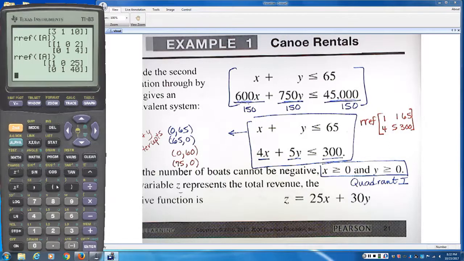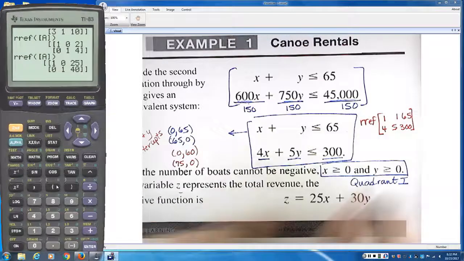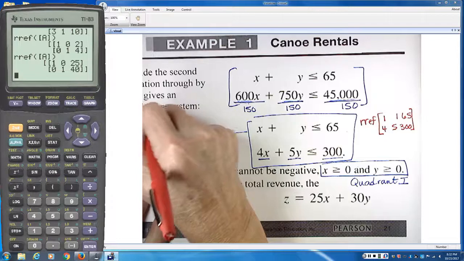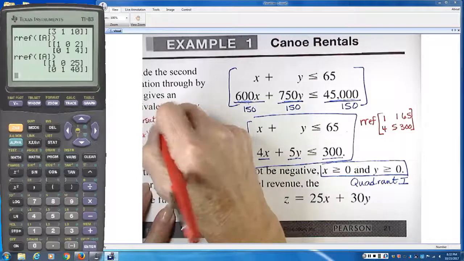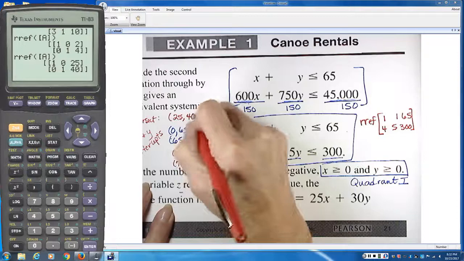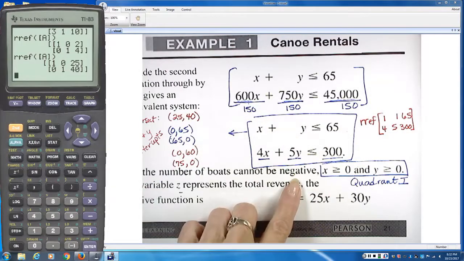And the point (25, 40) is going to be where they intersect. So there's all the information I've gathered before I start. Okay?